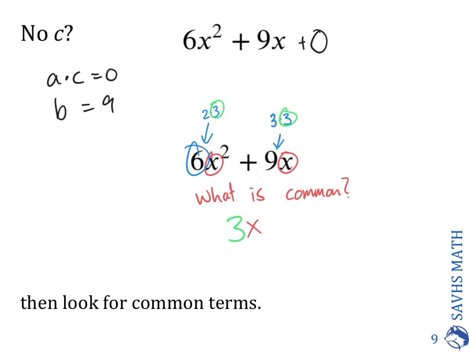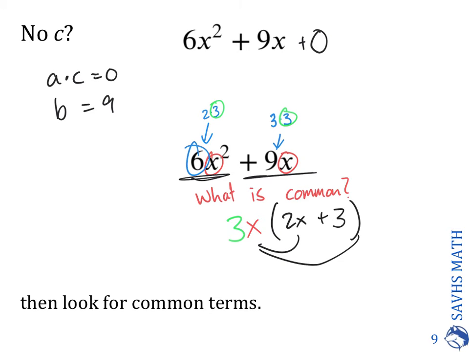This is basically undistributing. So what I have to think about is, what am I missing now? What would I have to distribute to get this stuff back? Well, I've got to have a 2x and I've got to have a 3.